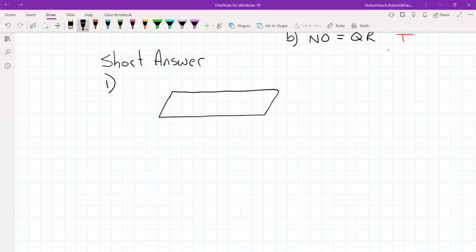And we've got A, B, J, C, D, and I. And you're asked about C, B, and J. Here's C, here's B, and here's J. Collinear means on the same line, so they're collinear. Non-collinear means not on the same line.